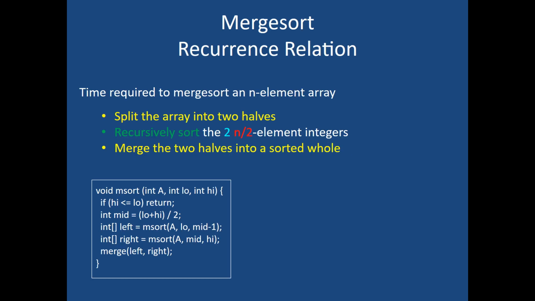Merge sort. What's the recurrence for merge sort going to be? So T of n is going to be the time required to do merge sort on an n-element array. And put it together from these pieces up here.